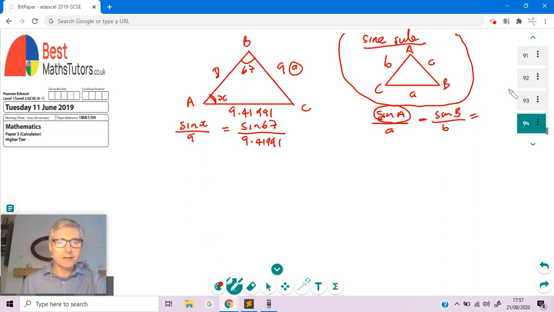And if we rearrange that a little bit, just to make life easier for us, we can times both sides by 9, and that's going to make it sine x as the subject. So we'd have sine x equals 9 times sine 67 over this. I'm just going to round it up at the moment as 9.4.